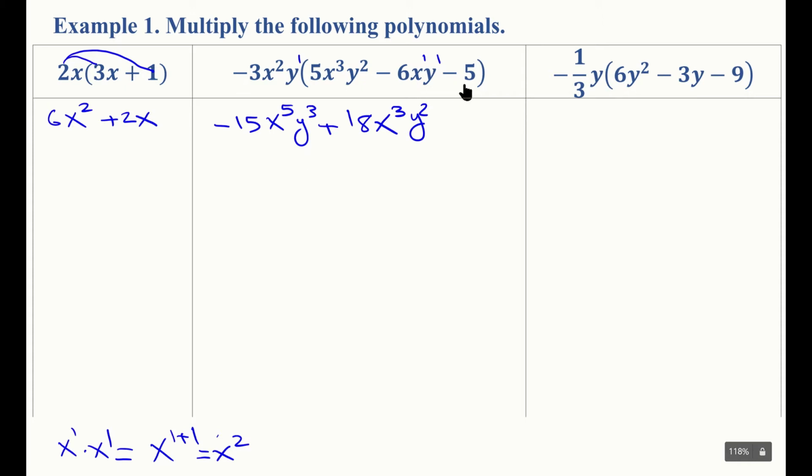And now we have negative times negative once again will give us positive, so plus 15x squared y.